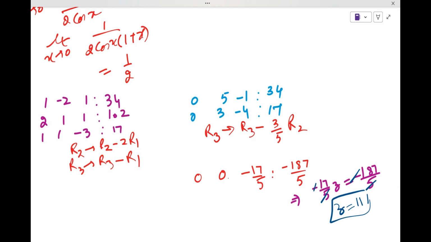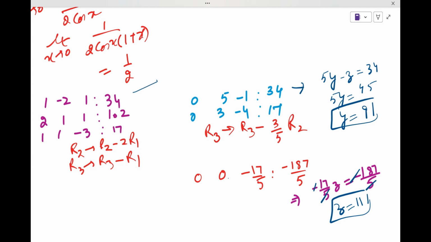Now we apply on the second row, that is 5y minus z equals 34. Now 5y equals 34 plus 11, 45. So y equals 9. Now the first row: x minus 2y plus z equals 34.